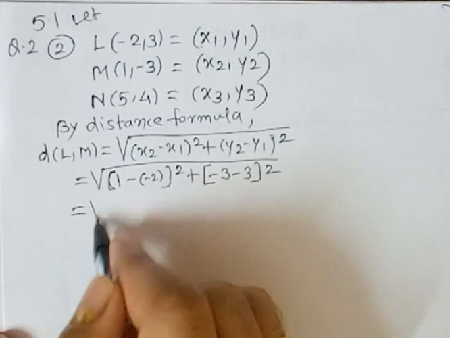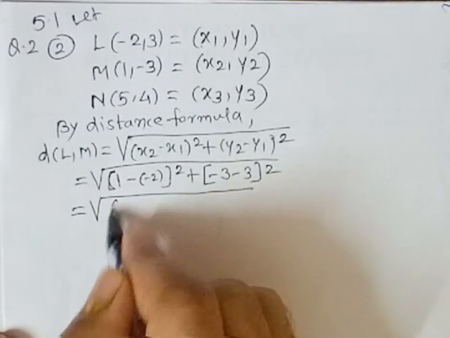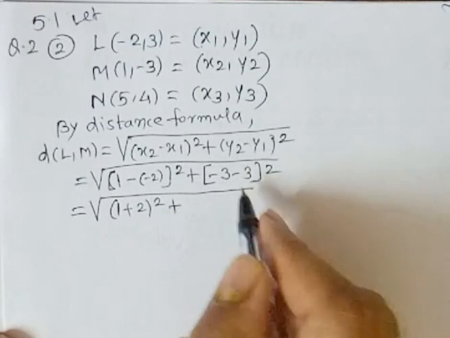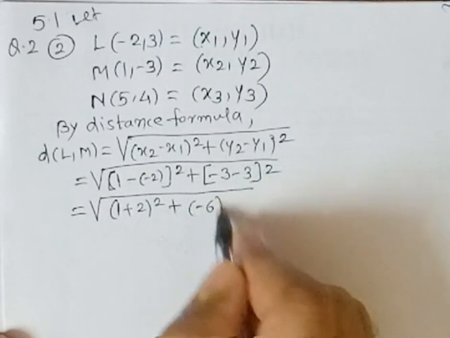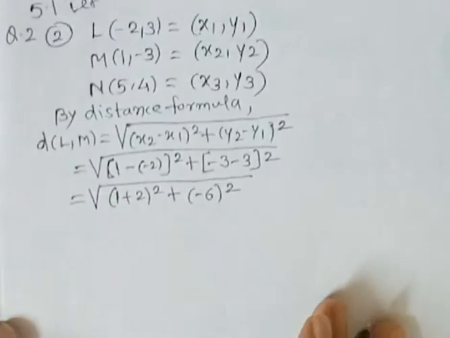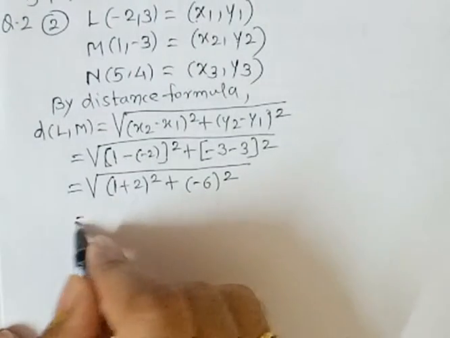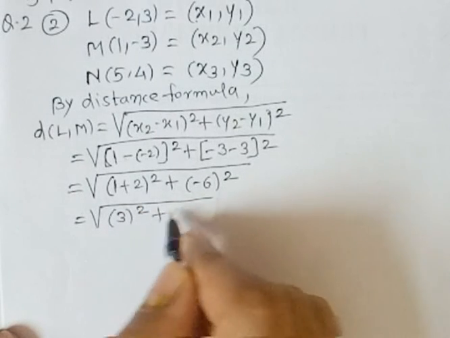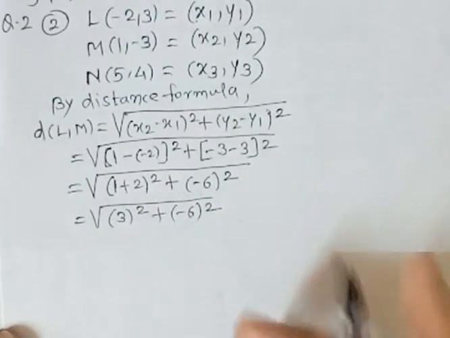Now tell me 1 minus minus 2, that is 1 plus 2, squared, plus (−3 − 3) = −6, squared. This is equal to under root (1 + 2) = 3 squared plus (−6) squared.